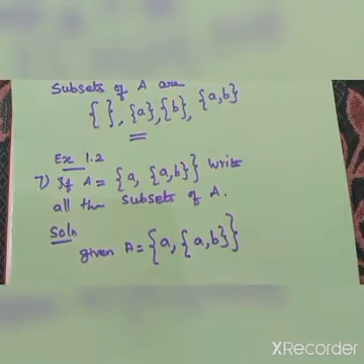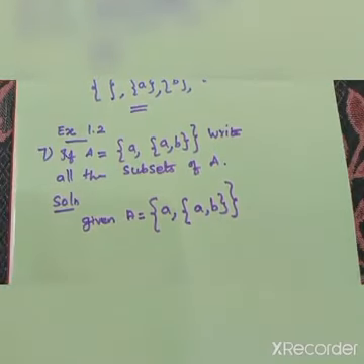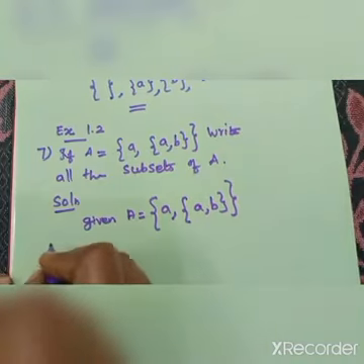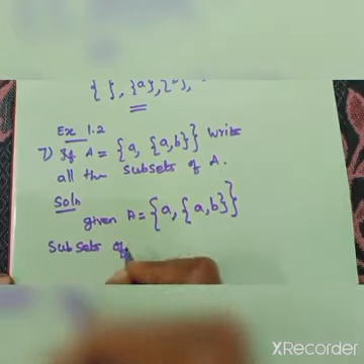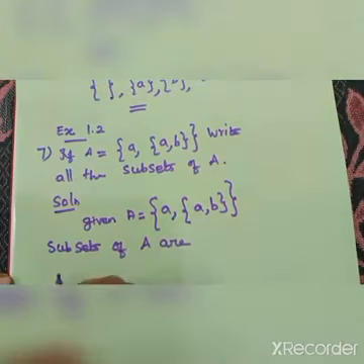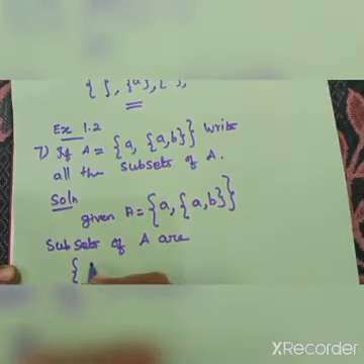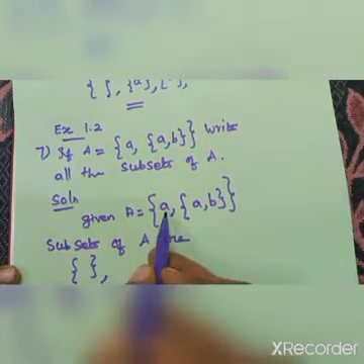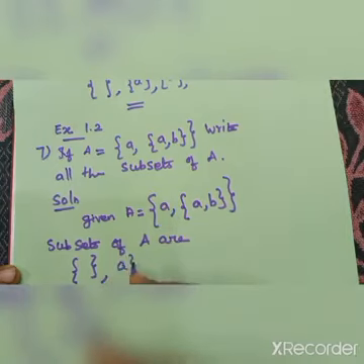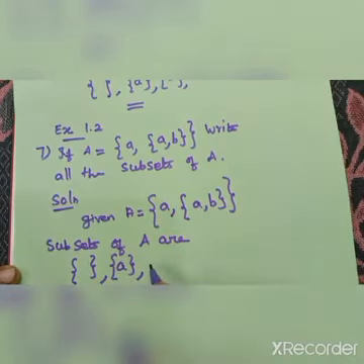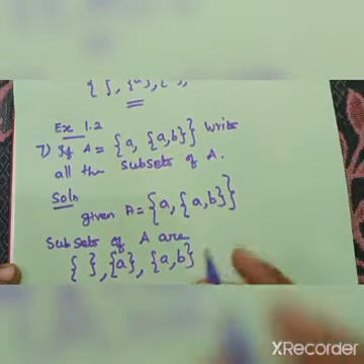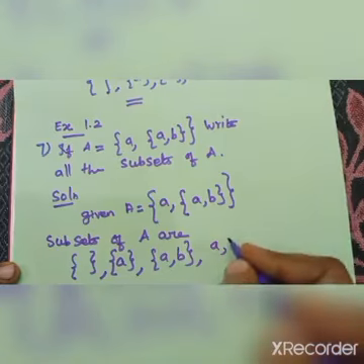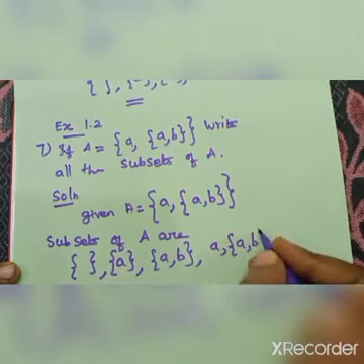We have to write the subsets. We know that first of all the empty set is a subset of all sets. So the subsets of A are: first of all the empty set or null set, comma, the first element a, comma, then the second element b, comma, then both elements together, {a, b}.